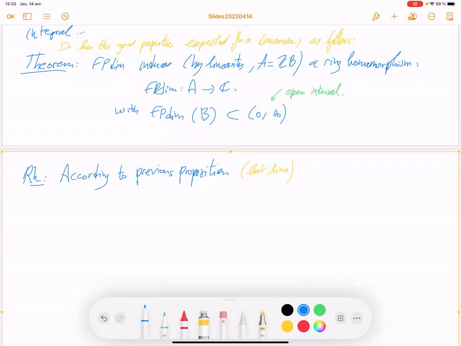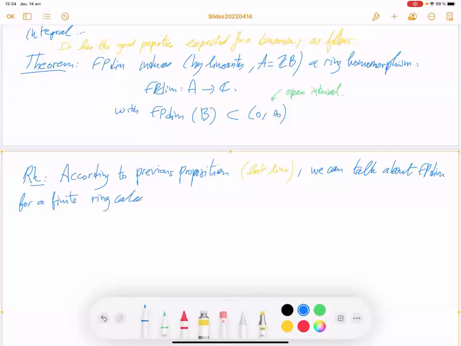According to this proposition, we can talk about a Frobenius-Perron dimension for a finite ring category, not only ring, but ring category. We need finite because we need a finite basis.